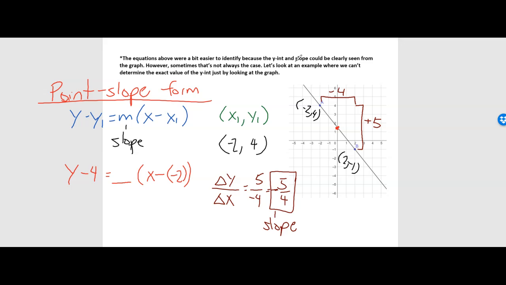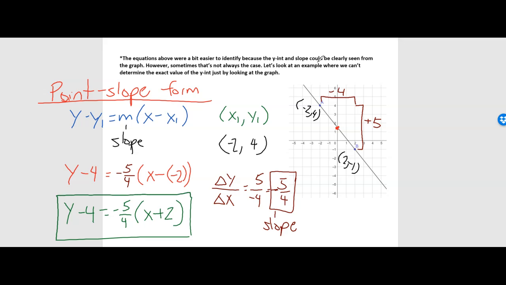And I can substitute that in for m. So -5/4 is my slope. Now, I can just simplify my equation. y minus 4 is equal to -5/4 times the quantity x plus 2, because it was minus -2.